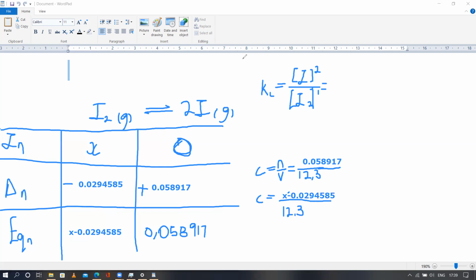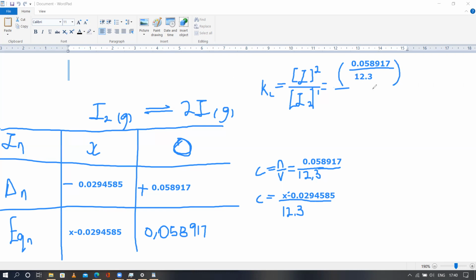So now you have your concentrations. You can convert them if you want, or you can just leave them like this. So I'm just gonna leave them like this and put them in brackets here. I'm gonna have 0.0589117 divided by 12.3, close brackets.